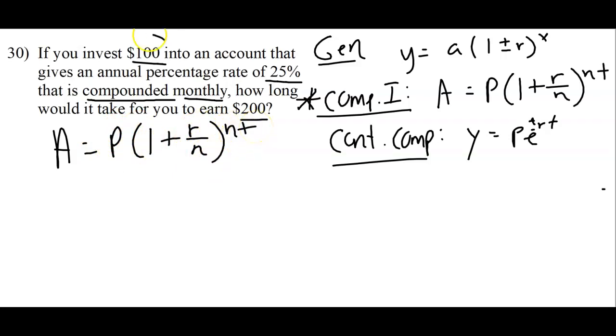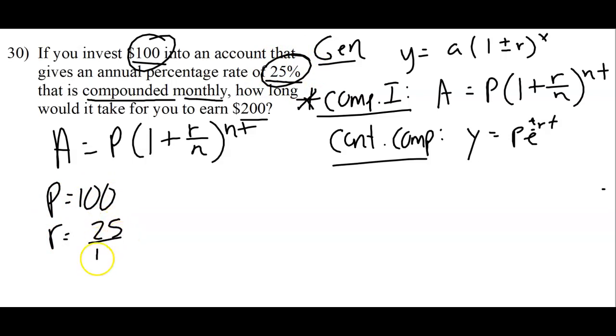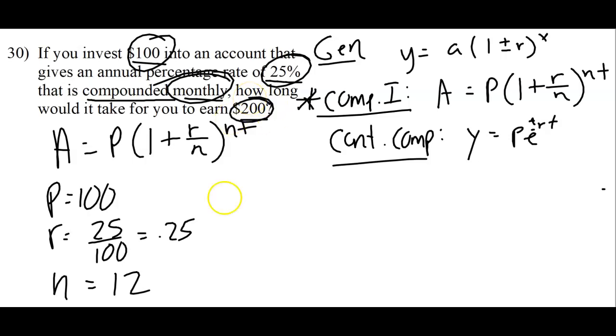The 100 here represents the P value. The 25% will help us find the R. And with these types of problems, it will always be positive, but you do need to divide it by 100 still. Monthly tells me that my N is 12. That's how many times it's being compounded. And then finally, the 200 tells us what the final amount is.